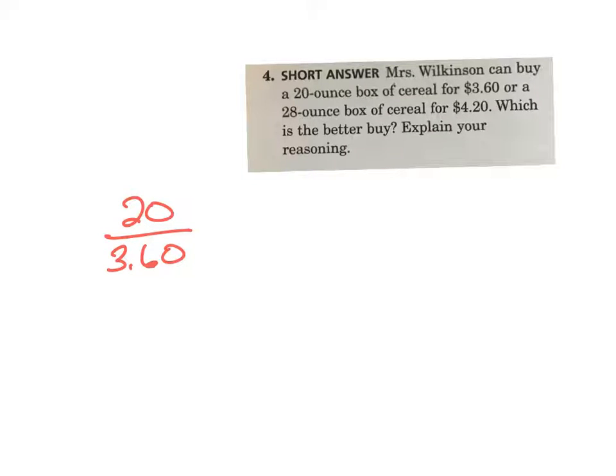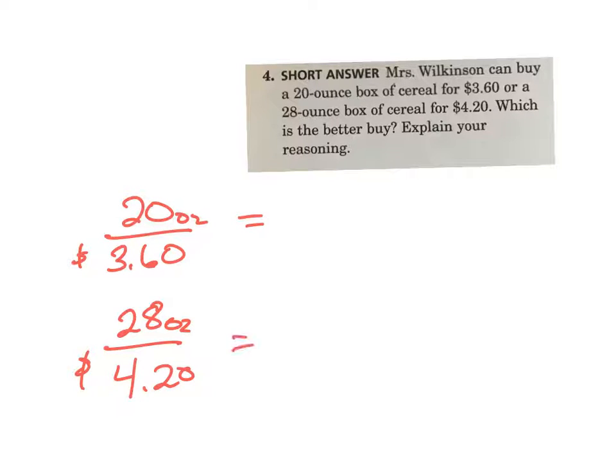Now I'm going to need my calculator here, because I'm going to get it down to 1 ounce to compare these. The other one is a 28 ounce. I should label these. And the 28-ounce box is $4.20.